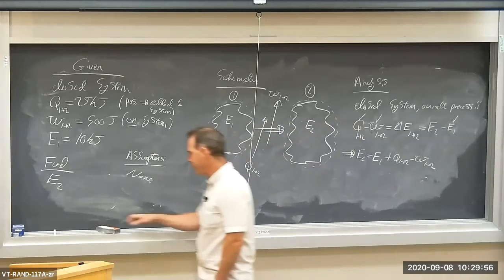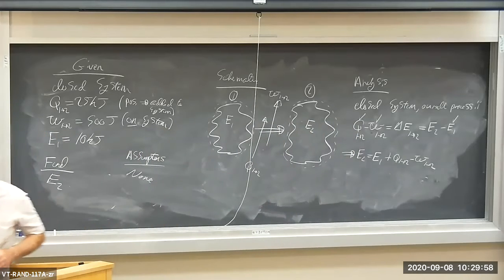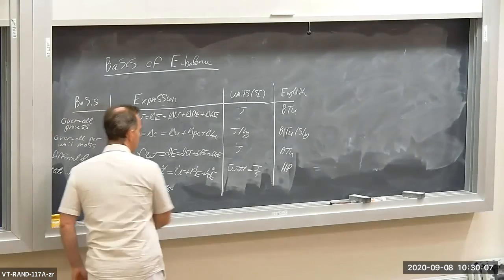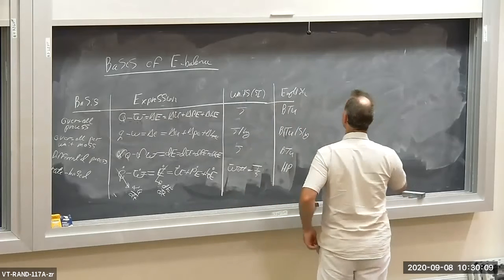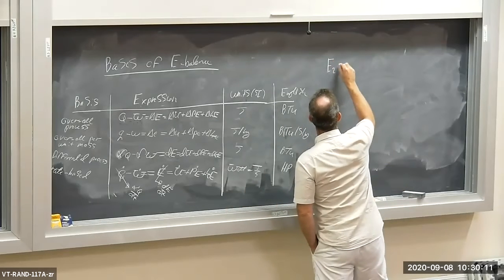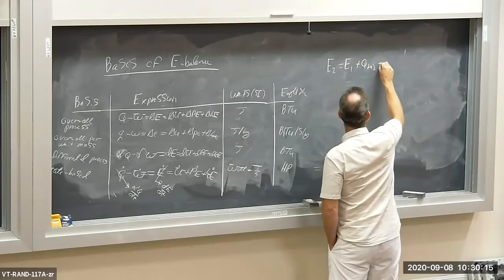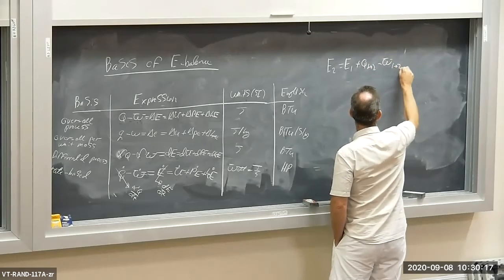Let's plug in. Let me get myself a little bit more room here. Kind of running out of room. So let me move over here. So again, E2 is equal to E1 plus Q1 to 2 minus W1 to 2.